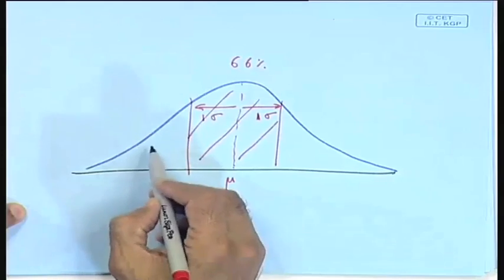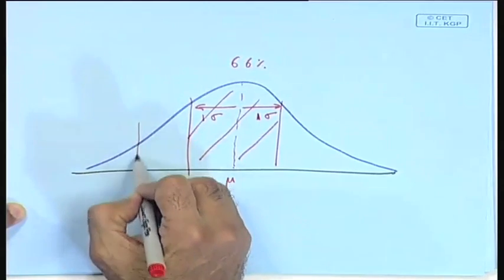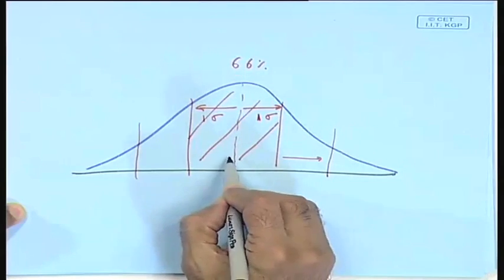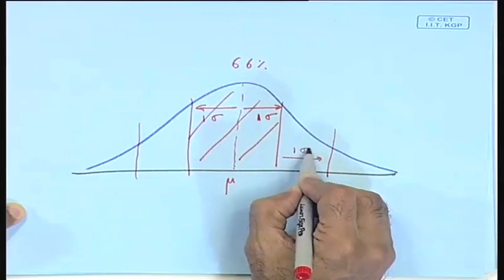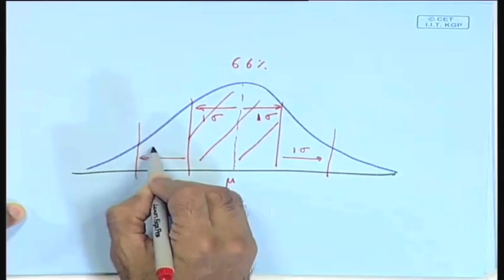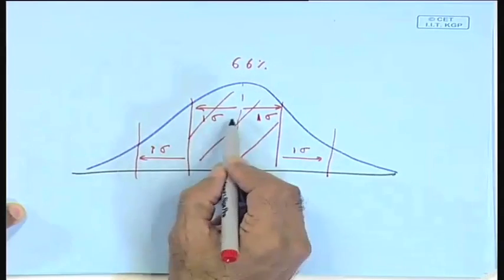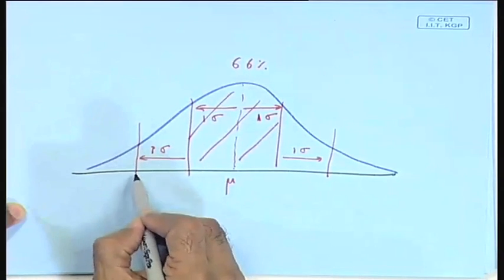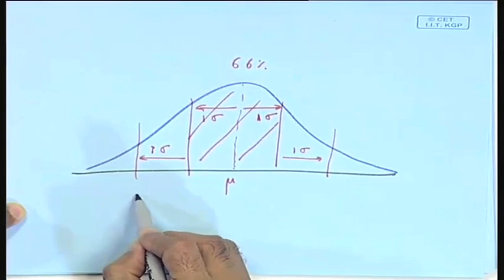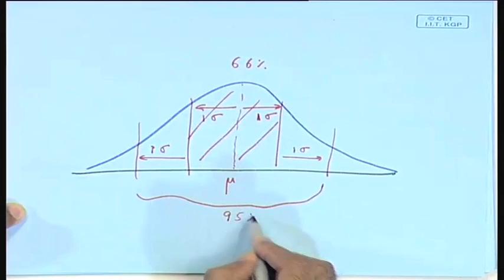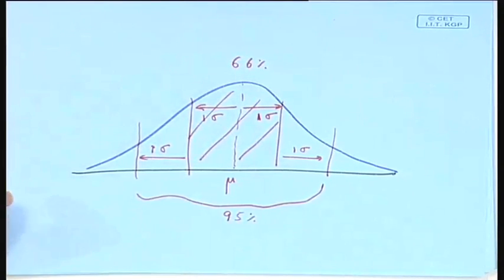If I make it another sigma, from the midpoint I'm now 2 sigma away, 1 sigma and 1 sigma. This distance from here to here will contain 95% of the area under that distribution.